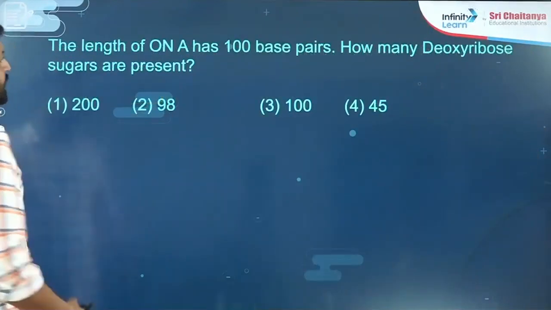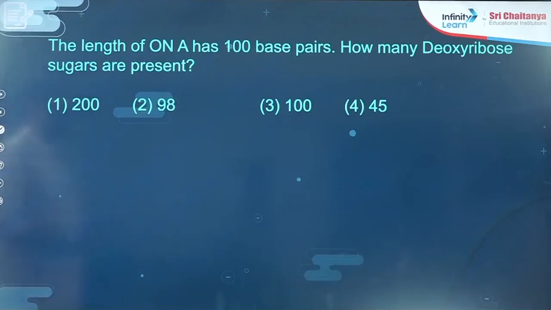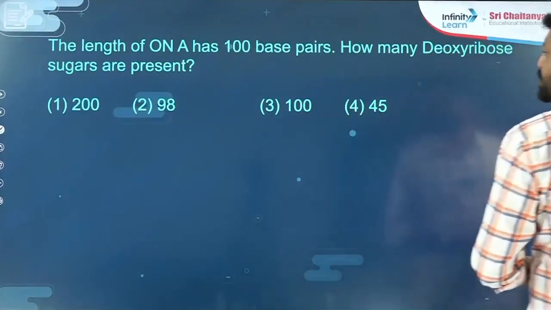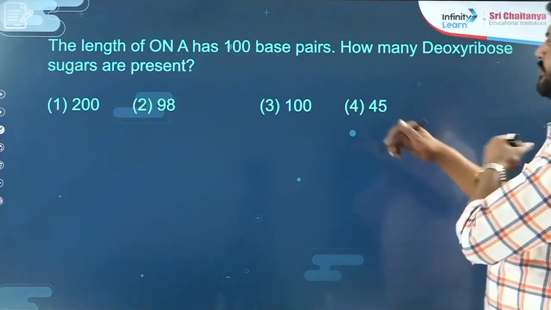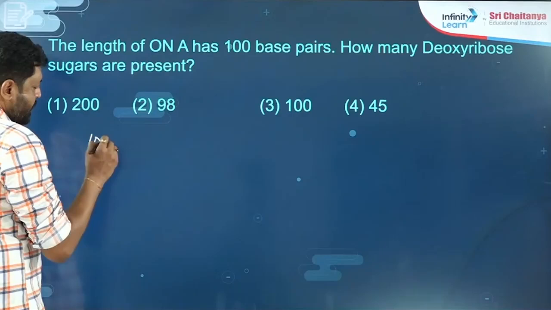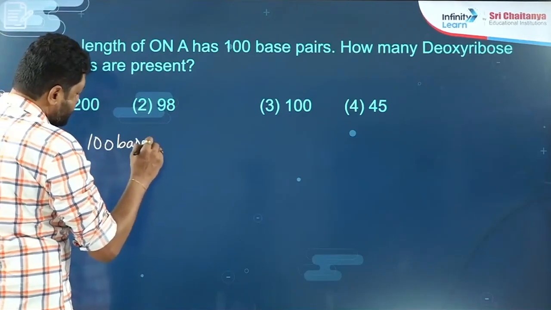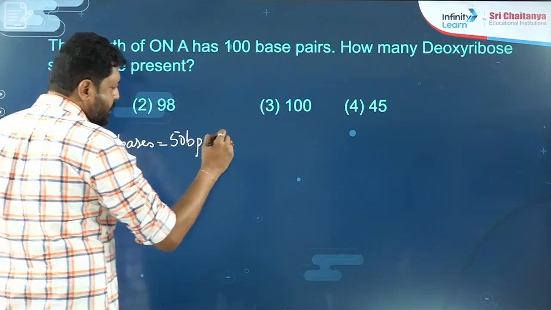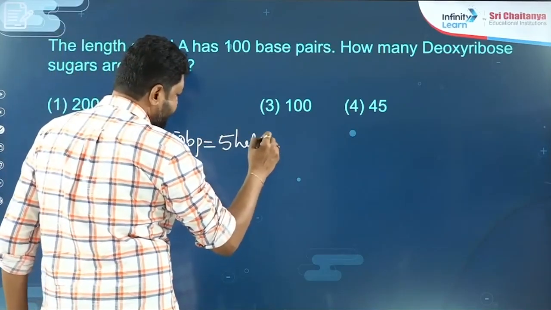Okay. The length of the DNA has 100 base pairs. How many deoxyribose sugars are present in it? So 100 bases, it is already given. 100 bases is equal to 50 base pairs, which is equal to 5 helix.